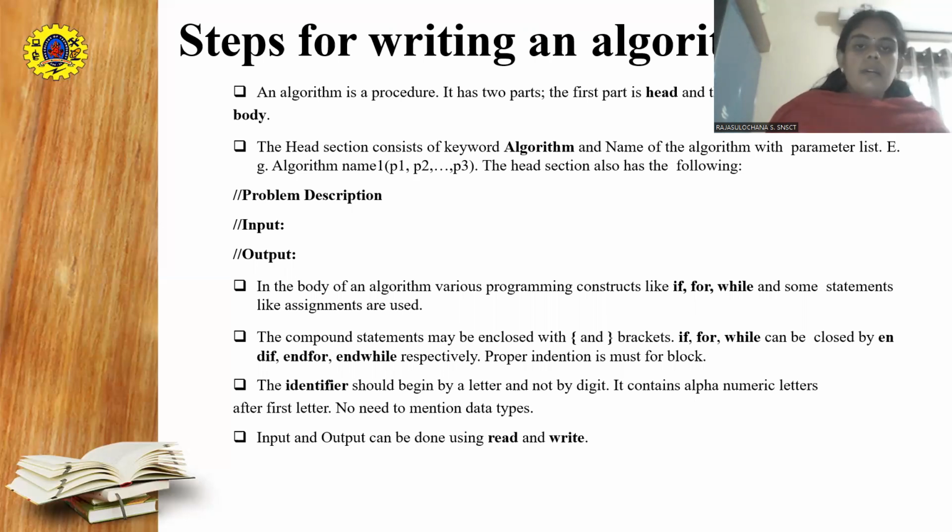Inside the body, you can use looping statements or control statements wherever required. If I'm using a for loop, it should terminate with end for, and if I'm using a while loop, it begins with a while statement and should be terminated with end while. Likewise, each of the loops and control statements should be terminated with its respective pair.